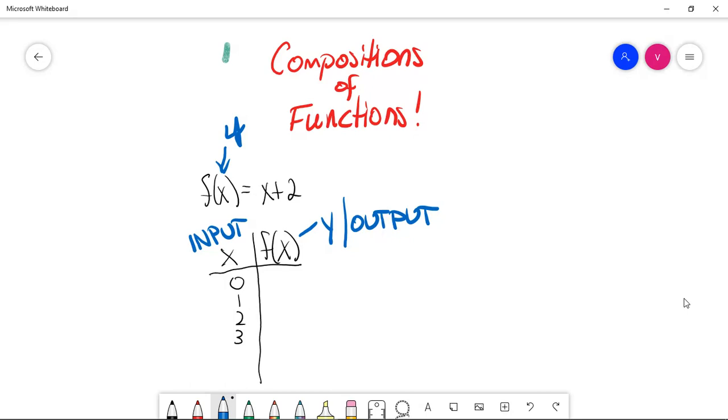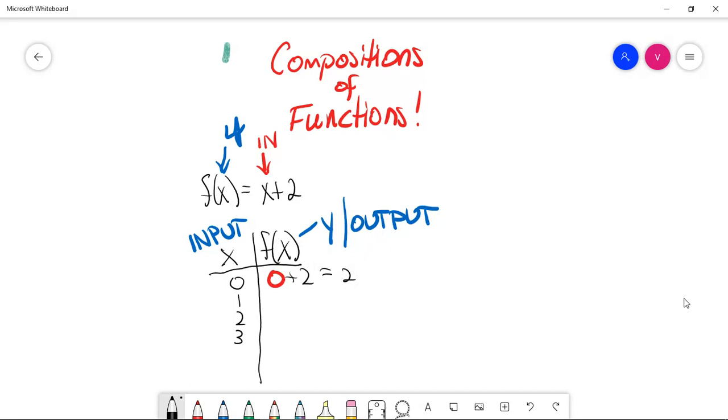If you are putting in 0, that's your input. That means everywhere you have an x, that is your in.